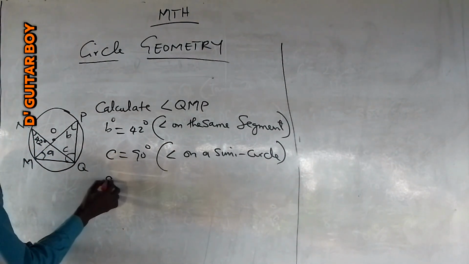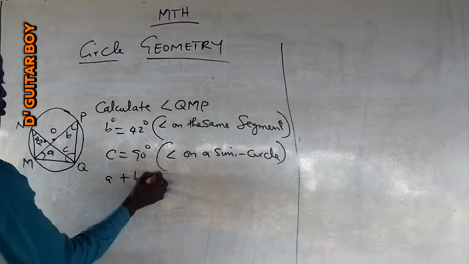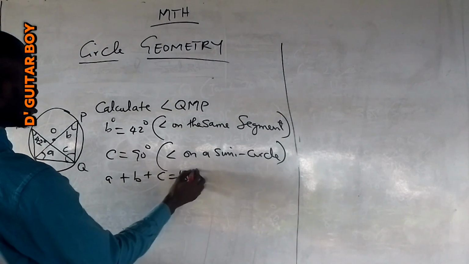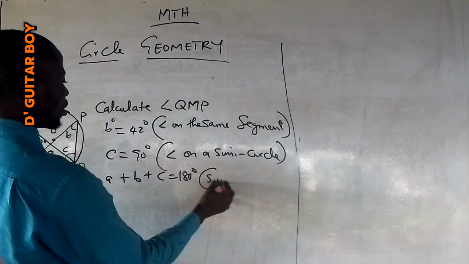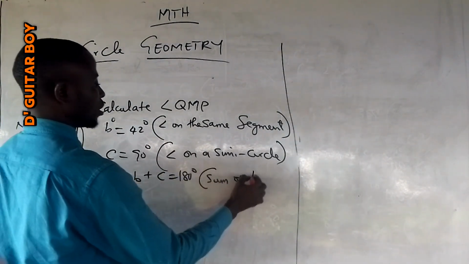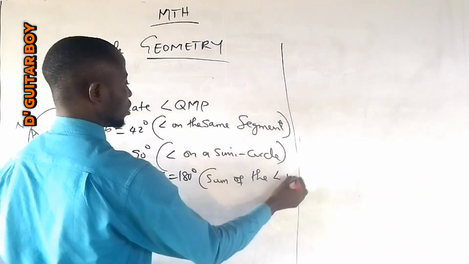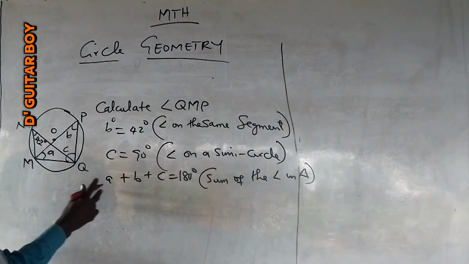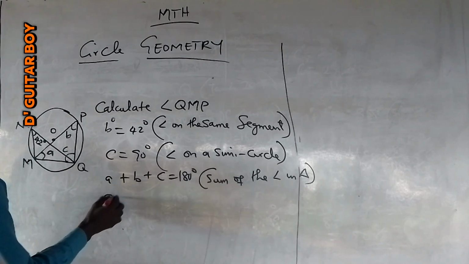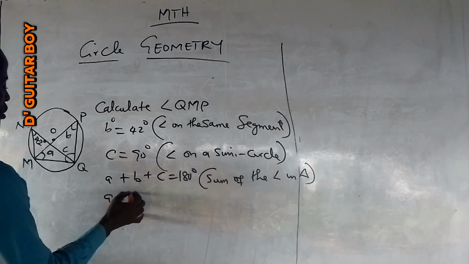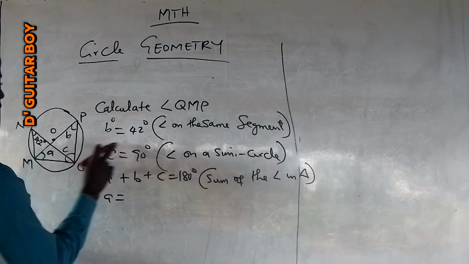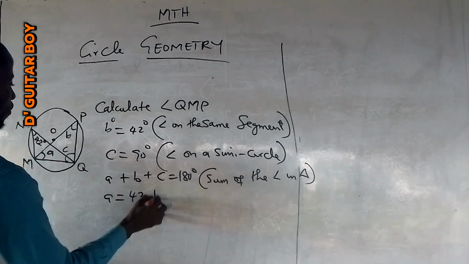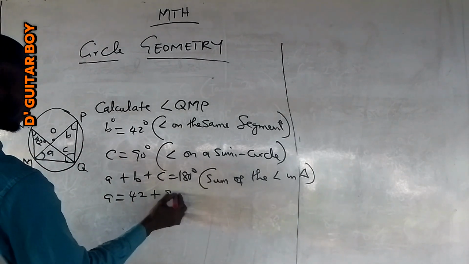Then we can say A plus B plus C equals 180 degrees. What's the reason? Sum of the angles in a triangle. So you want to calculate A now. We calculated B to be 42 plus C, which is 90.